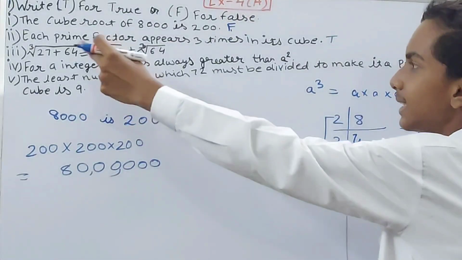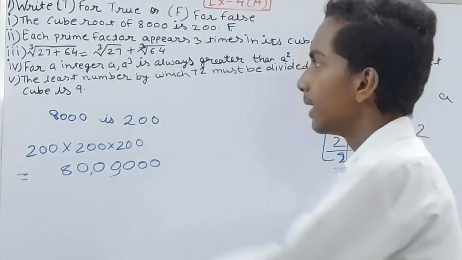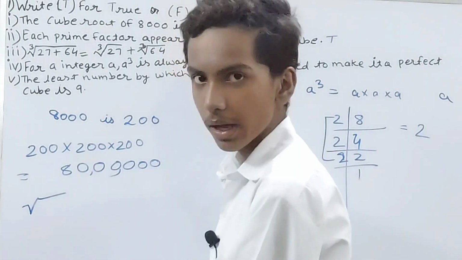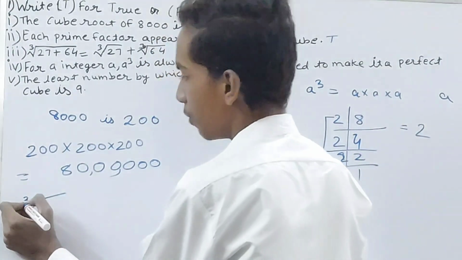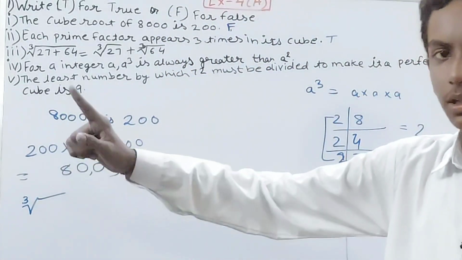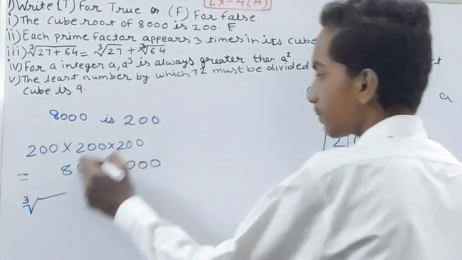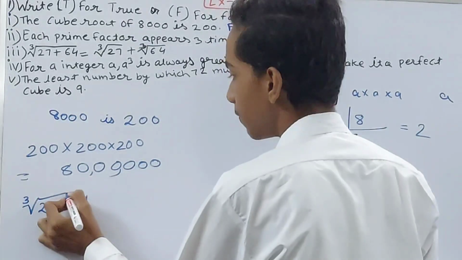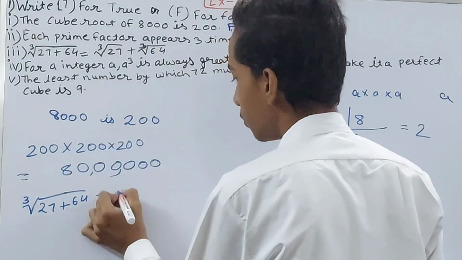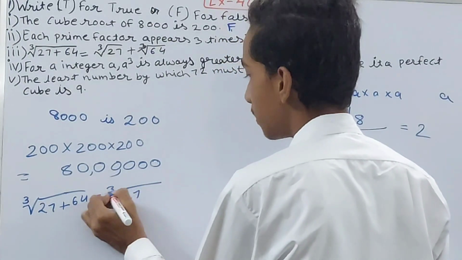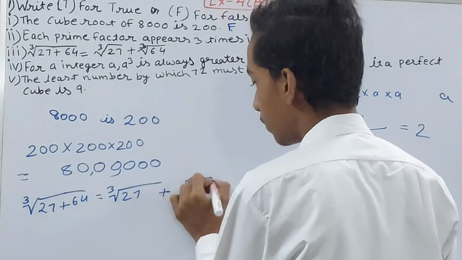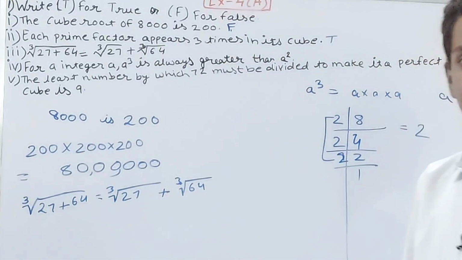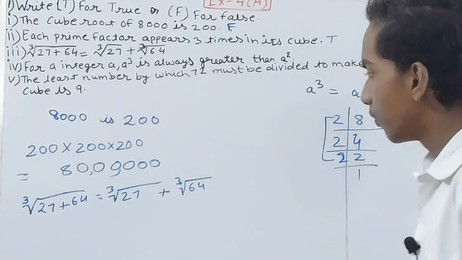Then you can see this symbol, it's made here like this. This one is for finding the square root, but if I write 3 on top of this, this is for finding the cube root. So see, the cube root of 27 plus 64 is equal to the cube root of 27 plus the cube root of 64 separately. We cannot do it here. This is not correct, and see why.